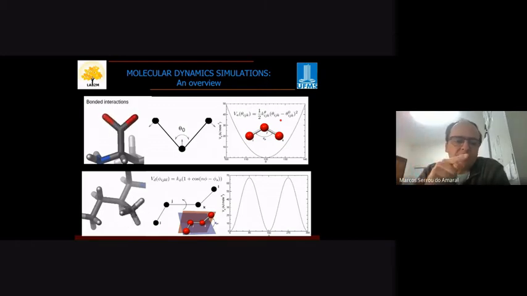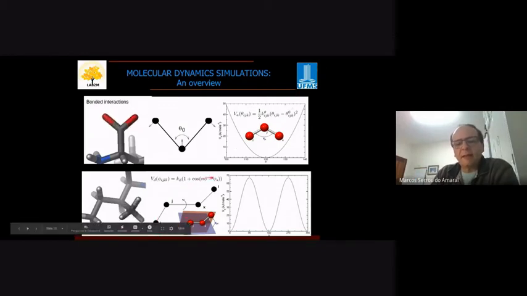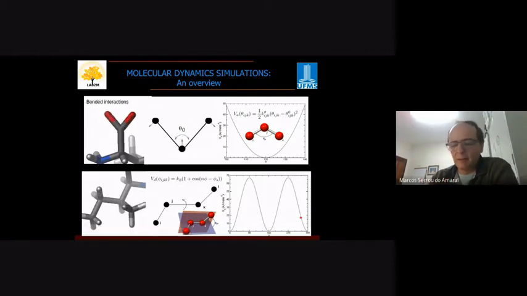So you need some expressions to do that. Here are the expressions, and you can use them. It's not about spring movement anymore, but it's the same cosine functions.